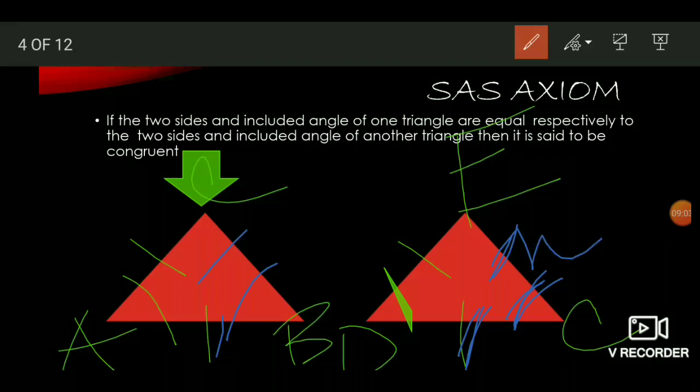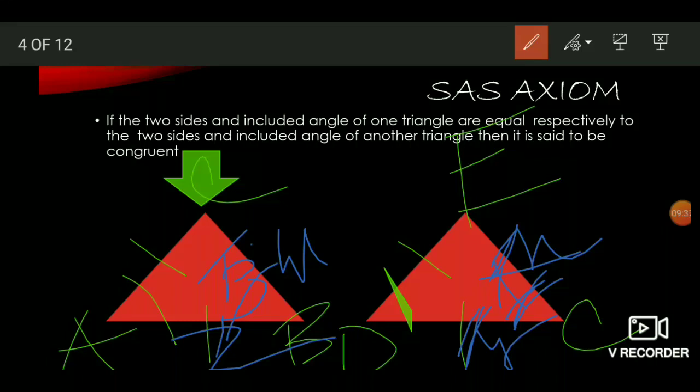Suppose I mark the sides as x and y. Now this angle A should be between x and y. In the other triangle, suppose I mark the sides as W and Z, and the angle is B. Angle B should be equal to angle A, side W equal to side X, and side Z equal to side Y. Then only can we say the triangles are congruent, because the angle is included between the two sides.